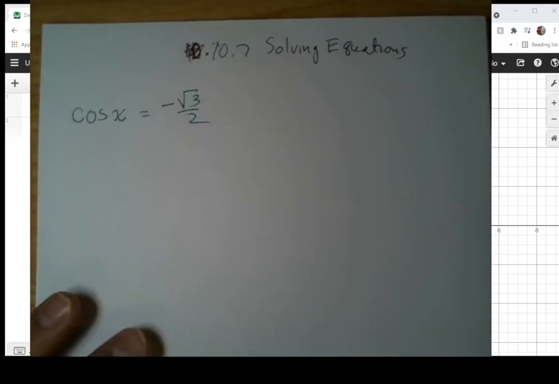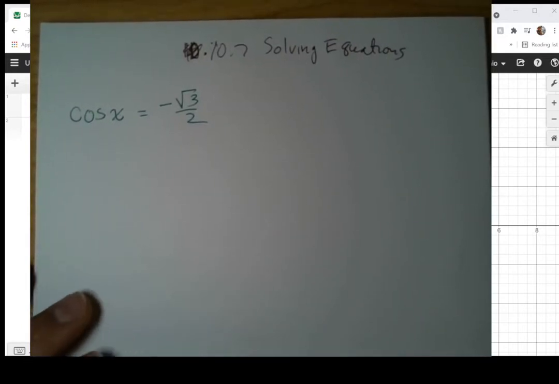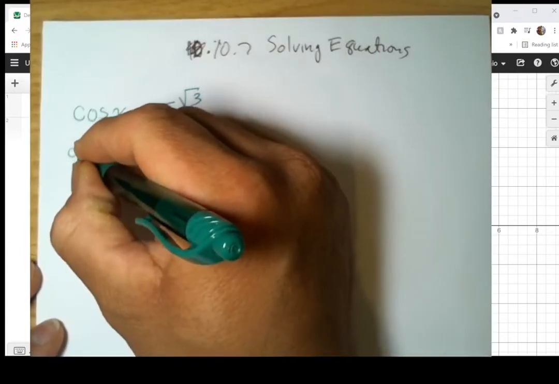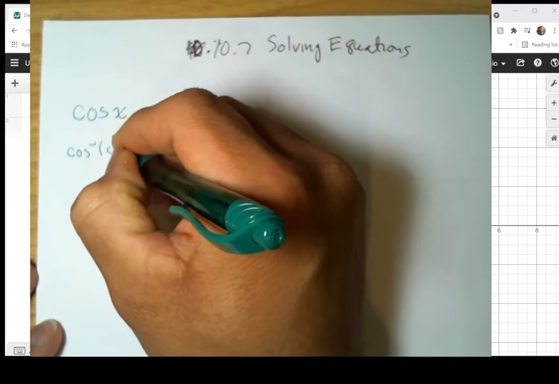Now, in the previous section we talked about inverses, so we could treat the inverse almost like an operator, where we take the cosine inverse of both sides.